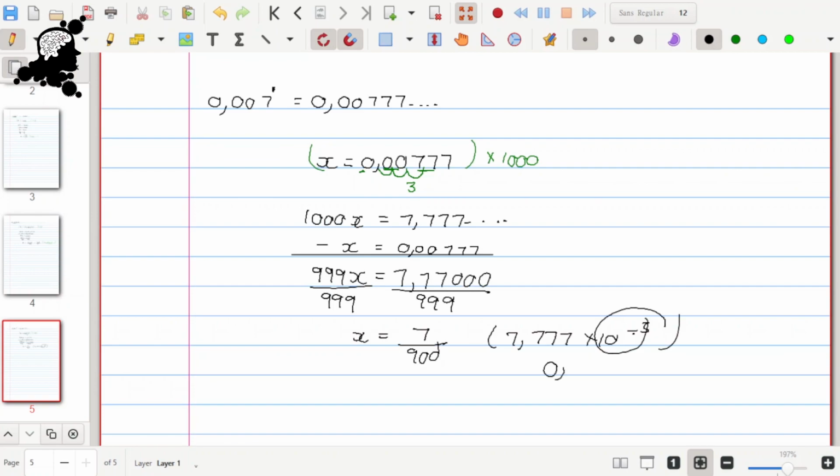Then after 3 spaces, or let me say at position 3 after the comma, that's where we have the first 7. So that's going to be 1, 2, 3. And then the repetition of the 7s. That's exactly what we have in our original expression. The only trick here was to be able to convert our exponential form into a decimal form.